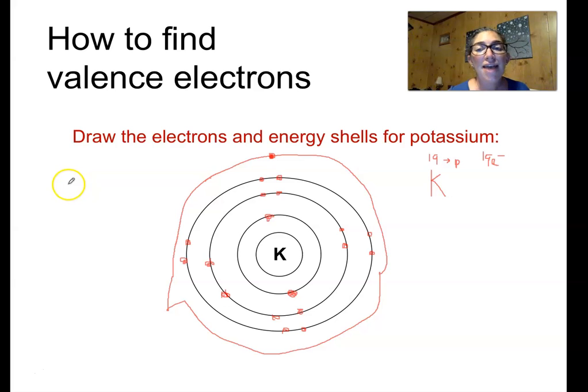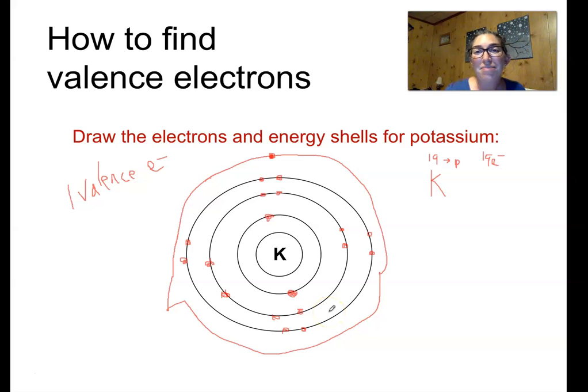So we would say that potassium has 1 valence electron. Sorry for my sloppy writing.